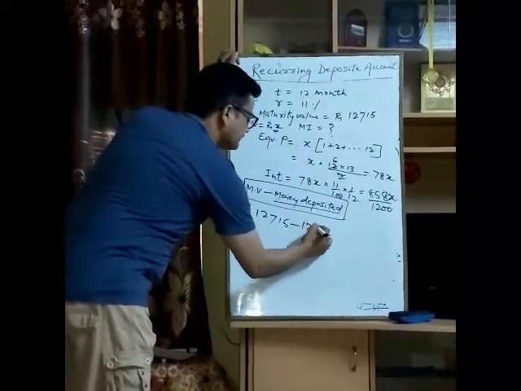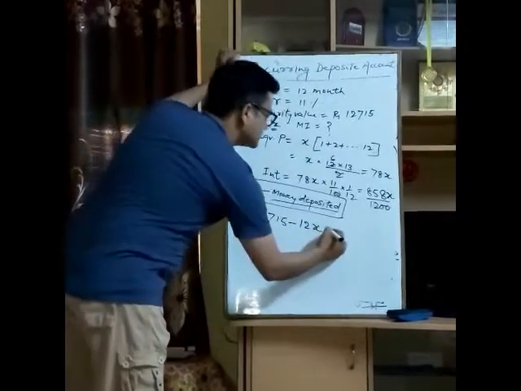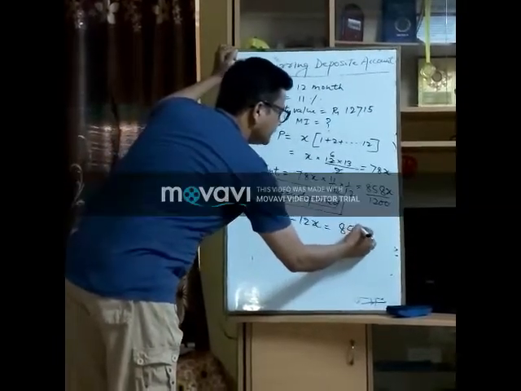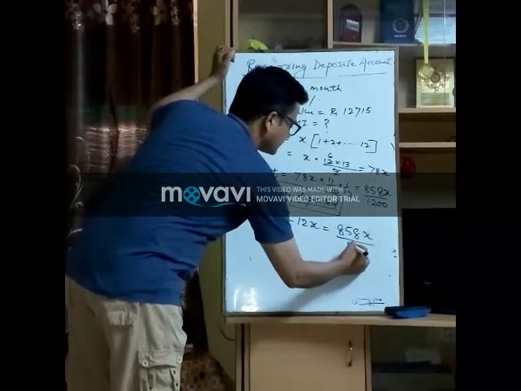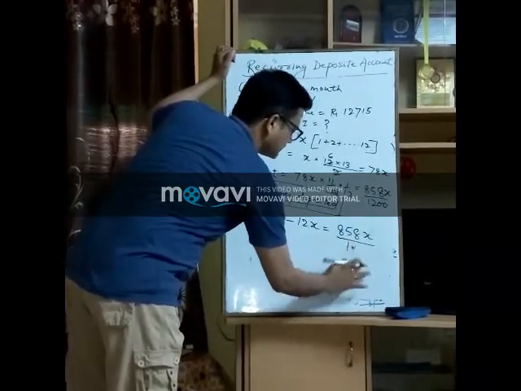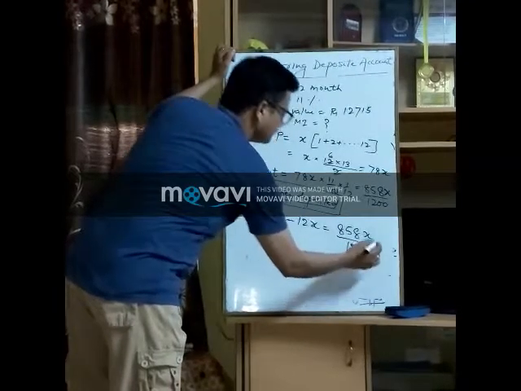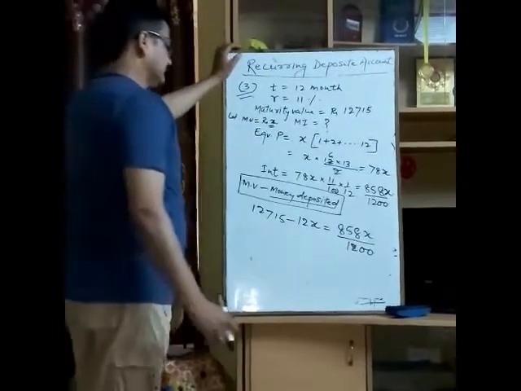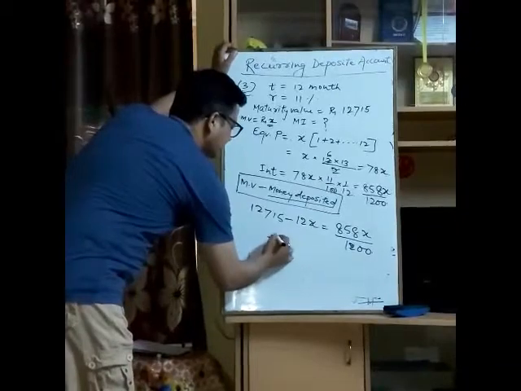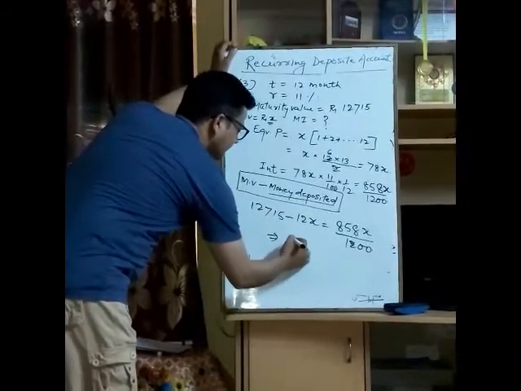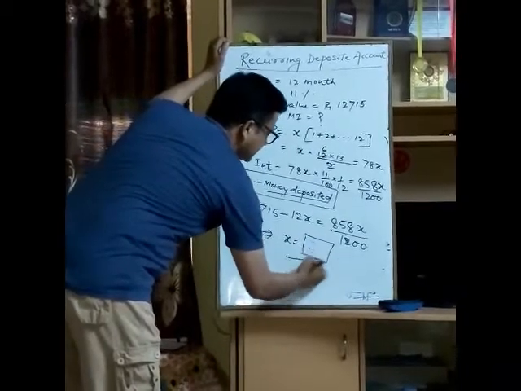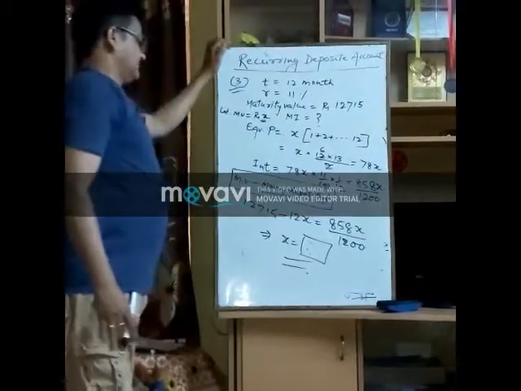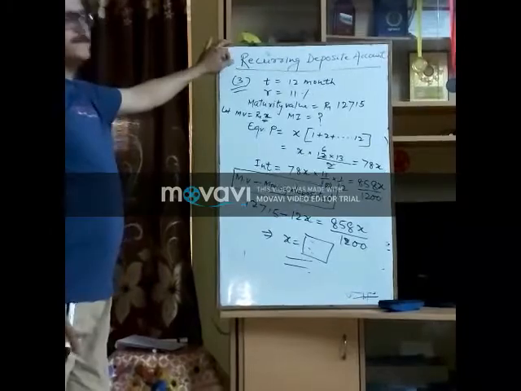So 12 into X. This should be equal to 858X by 1200. In this way you can finally solve and calculate the value of X. That will become your monthly installment.